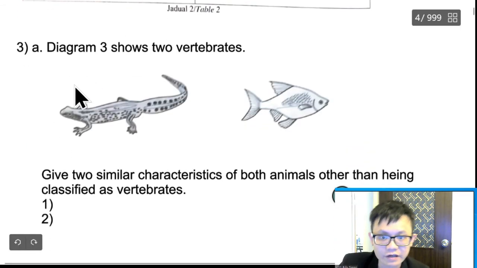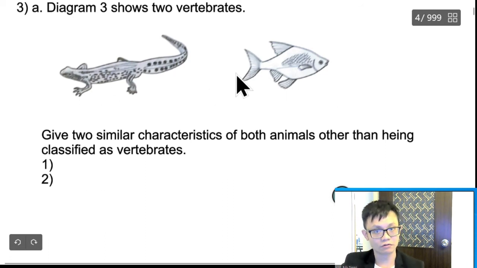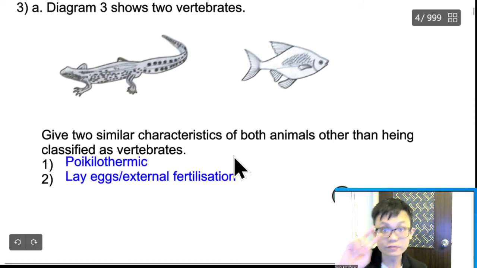Okay, for this one, diagram 3 shows 2 vertebrates. Vertebrate means again got bone, correct or not? This one got bone. The fish got bone or not? Though we hope fish don't have bone, right? Give 2 similar characteristics of both animals other than being classified as vertebrate. Means these two, what is the same thing that these two have?